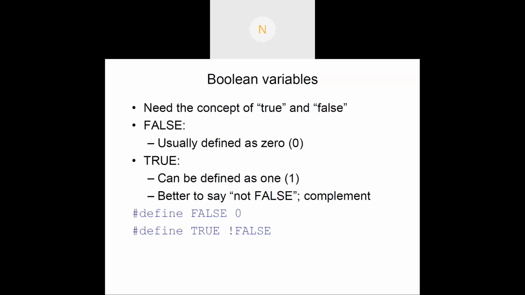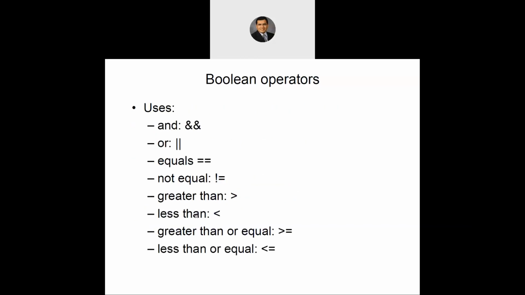We also have Boolean variables. Boolean variables represent either true or false. Usually false value is 0 and true is 1. You can define a Boolean variable like this. We also have special operators, also known as comparison operators, which result in Boolean values.